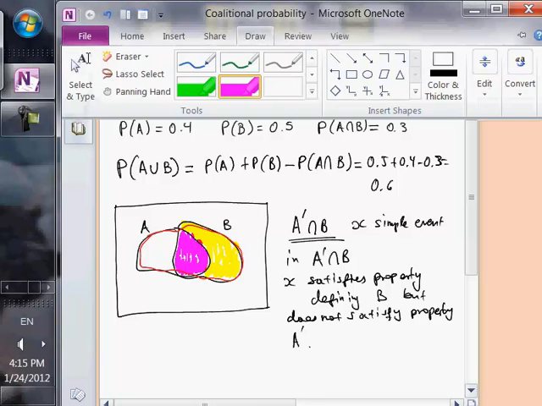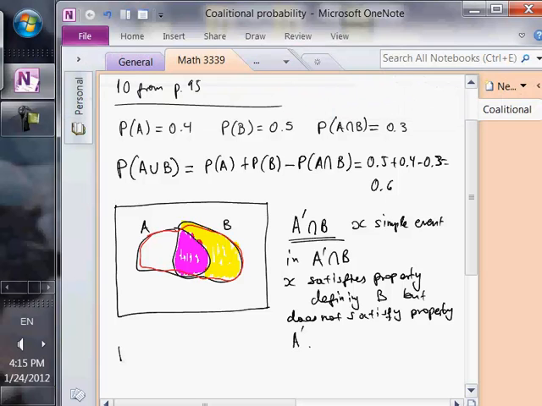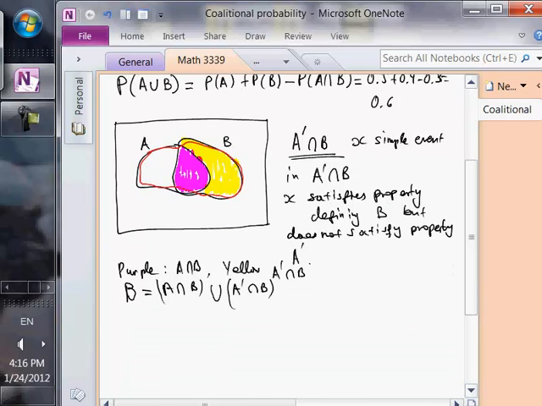So the purple is A intersection B, and the yellow is A prime intersection B. Putting them together, A intersection B union A prime intersection B gives B, and those two are exclusive events.